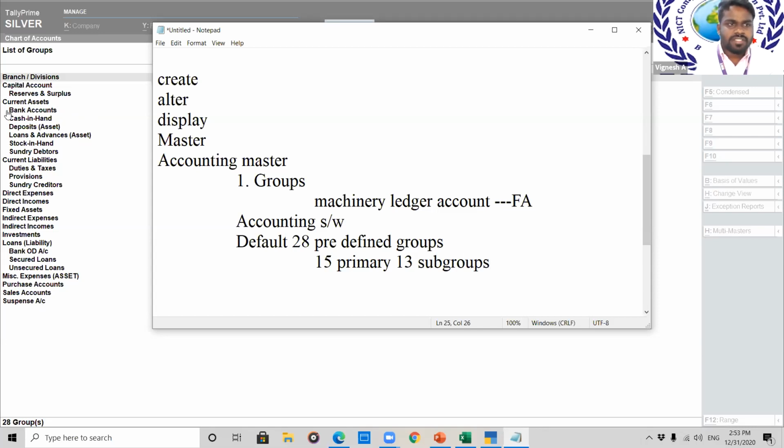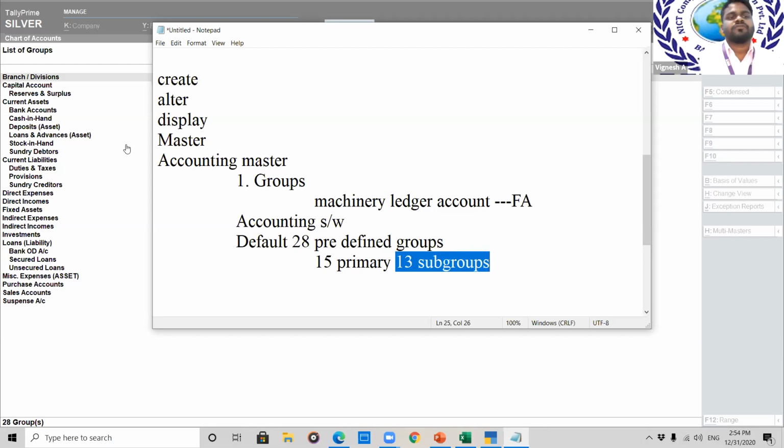There are some main primary groups listed on the left hand side, and slightly forward you can see these are the subgroups. Getting this? Out of 28 predefined groups, we have 15 primary and 13 subgroups.